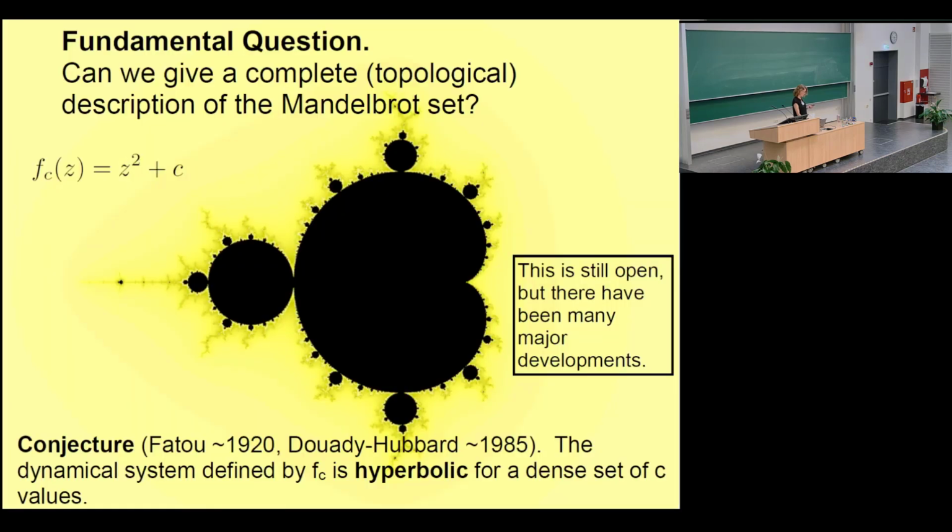Okay, I've already used up nearly 30 minutes, but I wanted to also say, going back to this fundamental question, remember I said, this main conjecture, we want to say that for a dense set of C values, in fact, we want to say for the entire interior of the Mandelbrot set, all of those polynomials are hyperbolic, and that's still open.